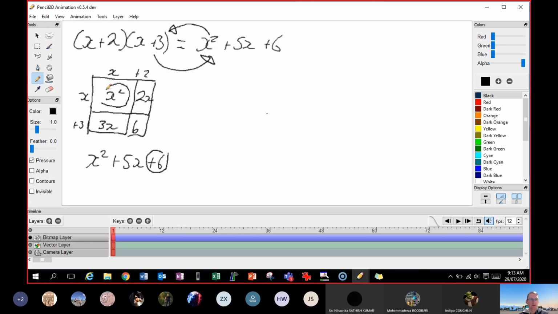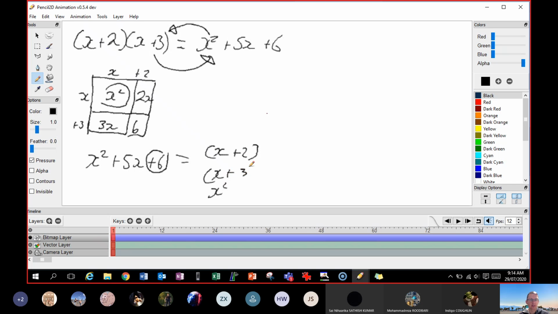So we can first start off looking at that. We know that that needs to be an x, and we also know that there needs to be another x as a factor, because x by x will give you x squared when you multiply those together. Then I need two numbers that multiply to give me positive 6, but also when you add them together, give me 5.